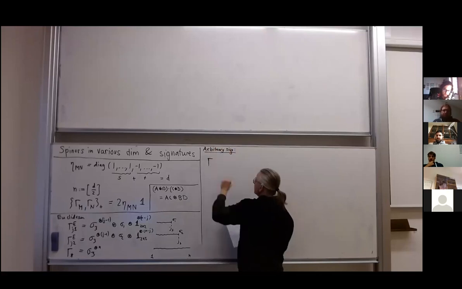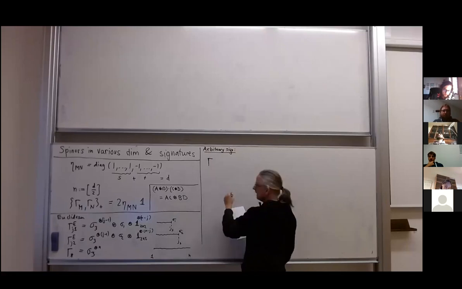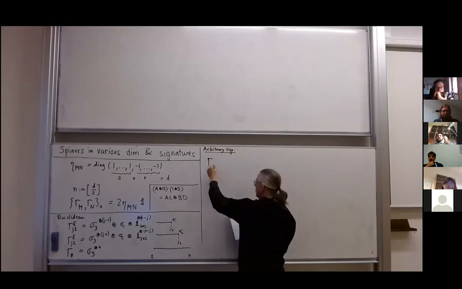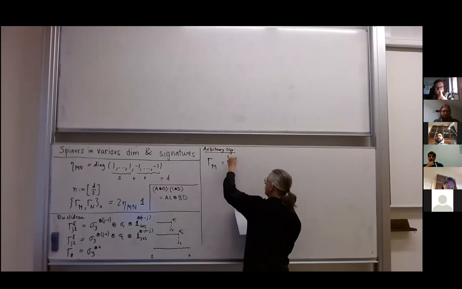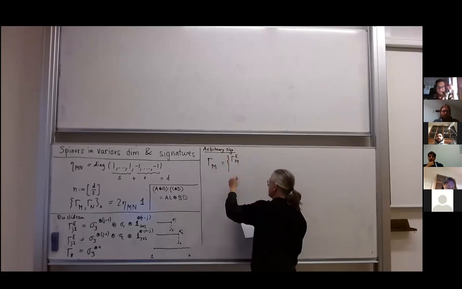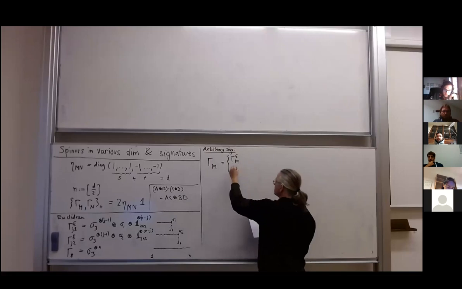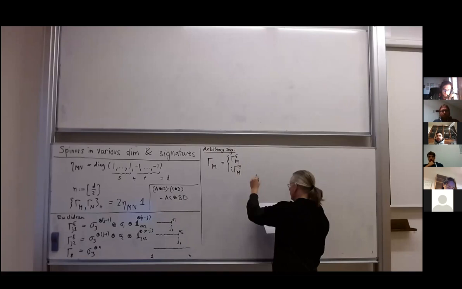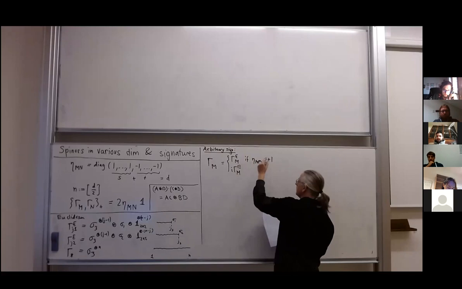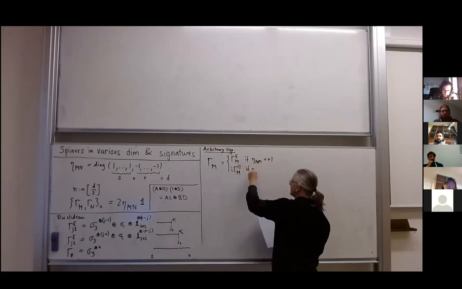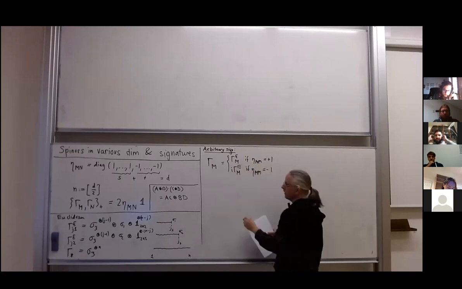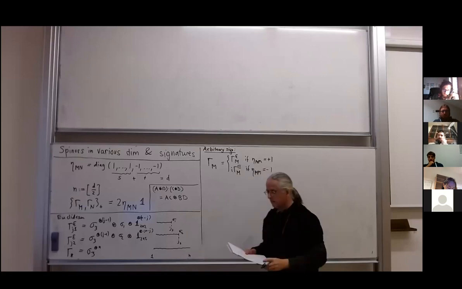Then we just take the Euclidean guys we had before, and we say gamma m is equal to the Euclidean guy, or i times the Euclidean guy, if eta mm is +1, and if eta mm is -1, then we put in a minus to correct that. Is it clear?